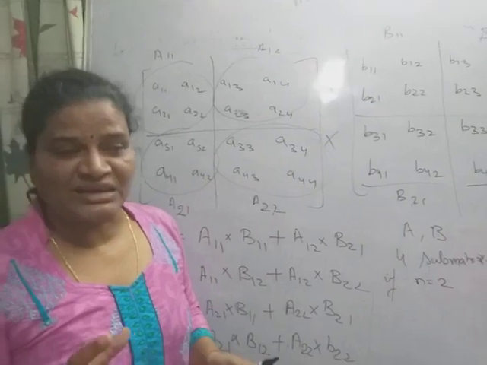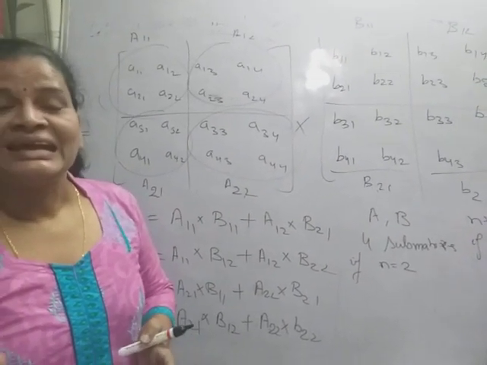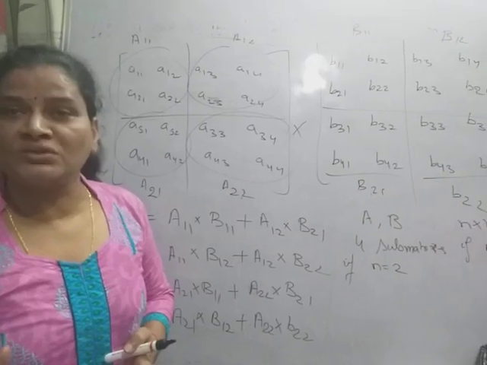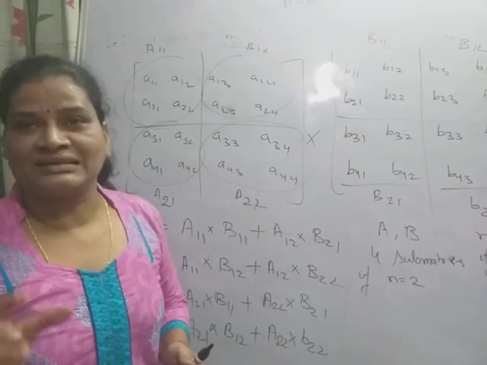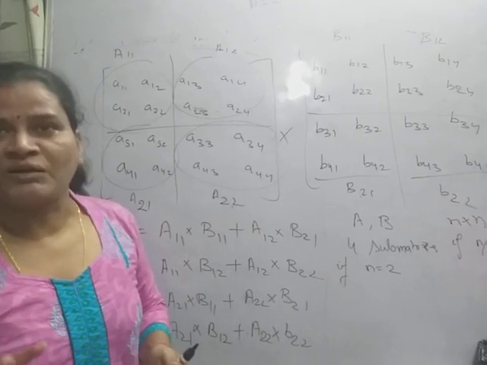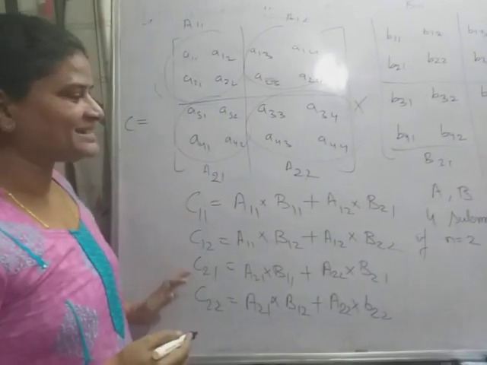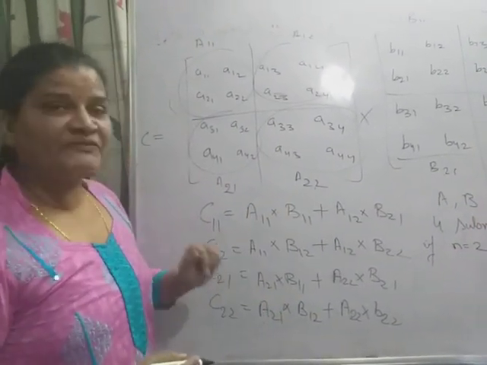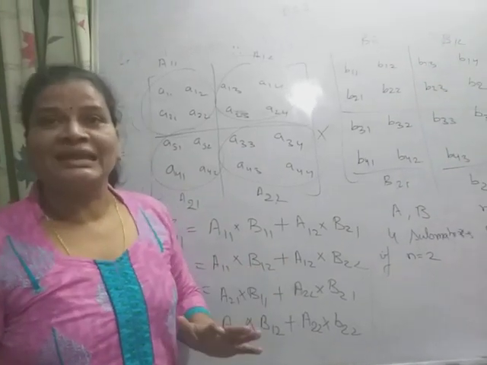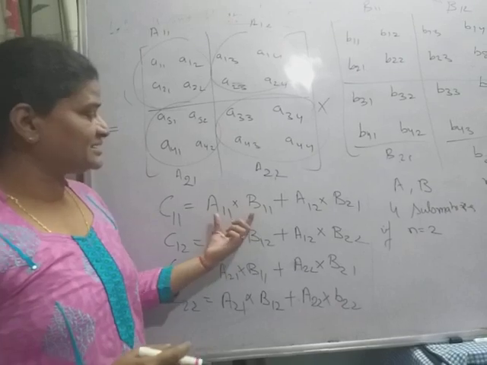If the matrix dimension is not an integral power of 2, then we can add additional rows or columns of zeros to make n an integral power of 2. So if n equal to 2, we can directly multiply. But if n is not equal to 2, then we proceed recursively.